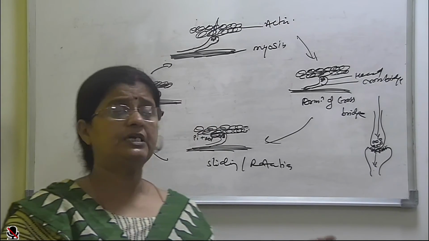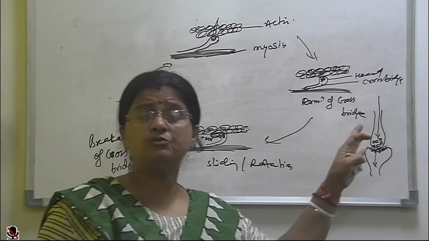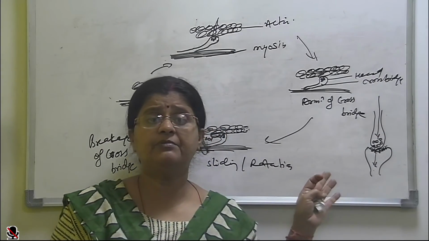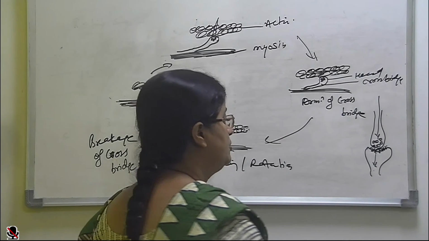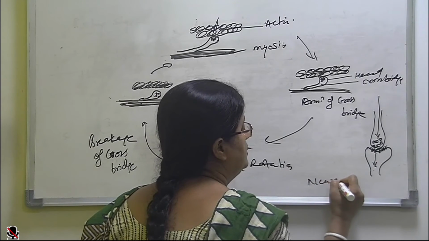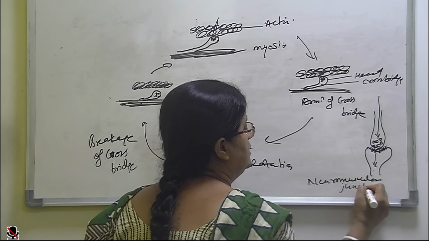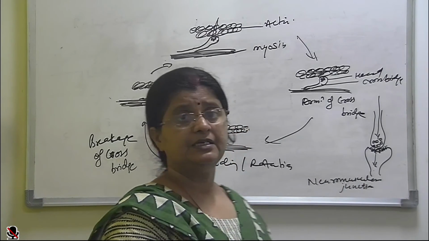Now I told you that the junction between this motor neuron and the sarcolemma of the muscle fiber forms the neuromuscular junction. What I said?